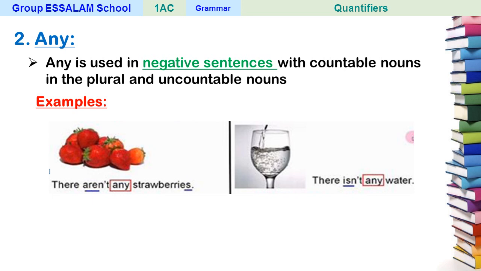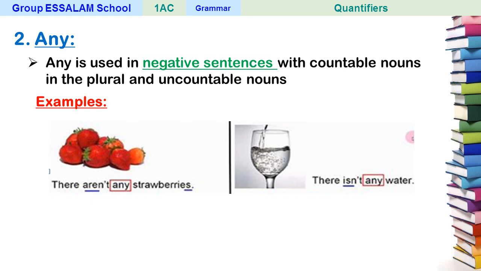Alright? And here we have strawberries. Strawberries is a countable noun. And we have already mentioned that negative sentences go with countable nouns in the plural. Yes or no? Now let's see the second example. There isn't any water.